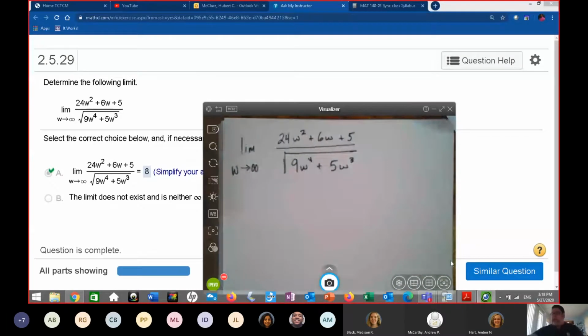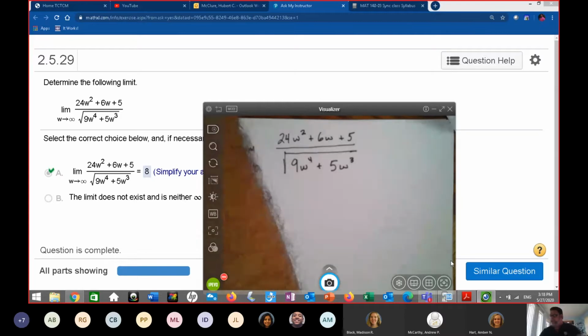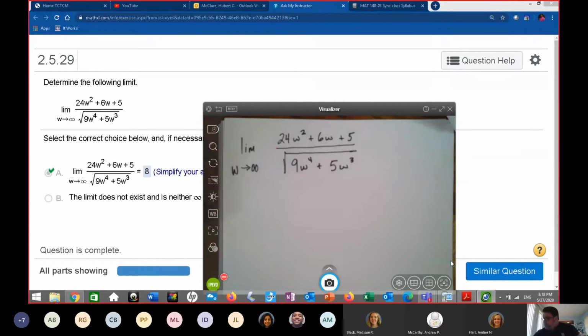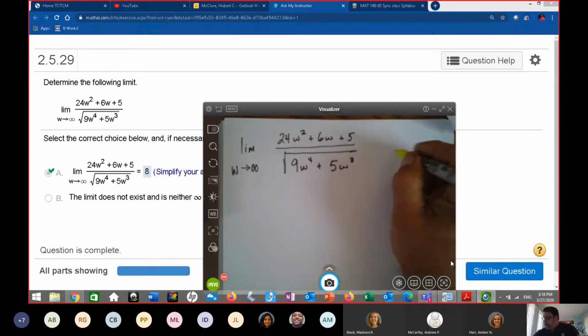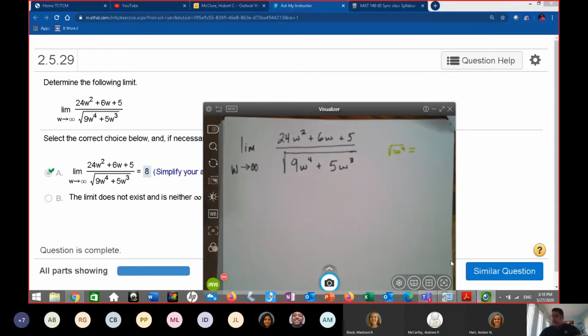So I'm going to take my handy dandy pink highlighter and my yellow highlighter. I'm going to put square root of w to the 4th is equal to w squared. So I'm going to divide the top by w squared.